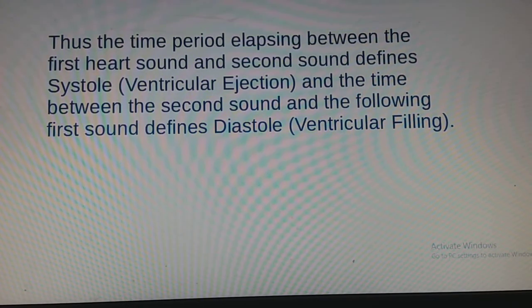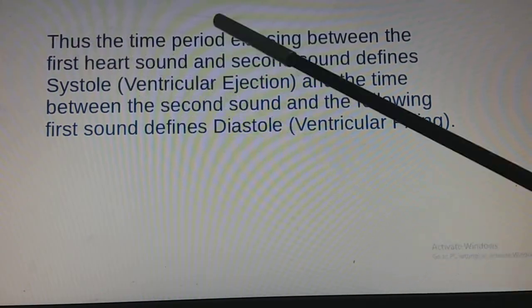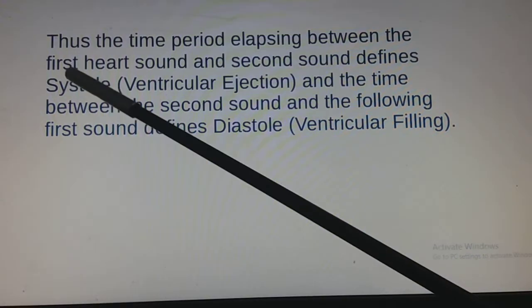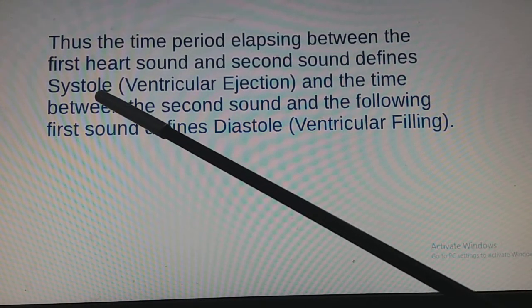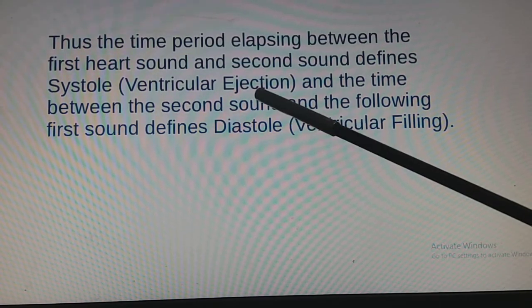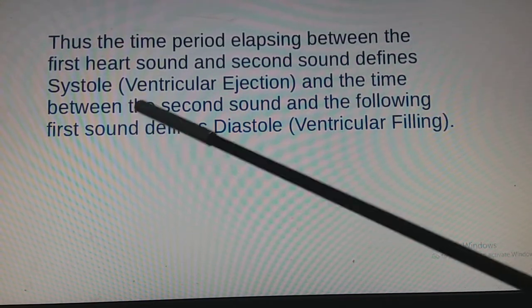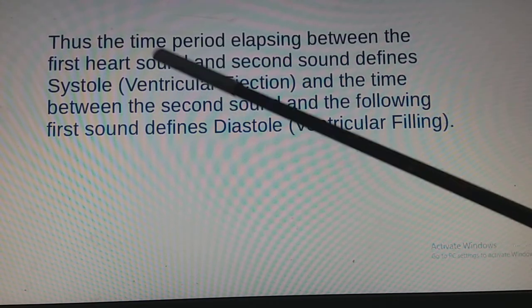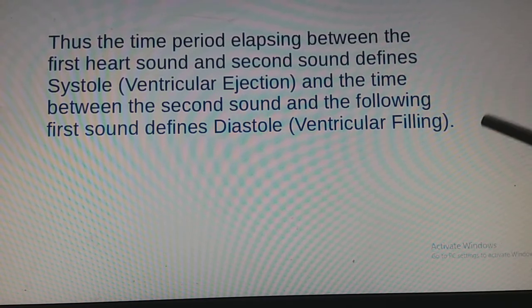Now moving forward, the final conclusion is, the time period elapsing between the first heart sound and the second heart sound defines systole, ventricular ejection. Ejection means when the blood is ejected out. The time between the second sound and the following first sound is defined as diastole, that is ventricular filling.